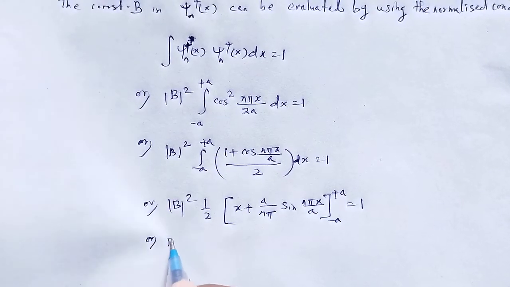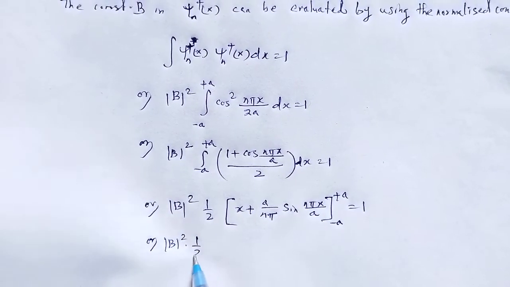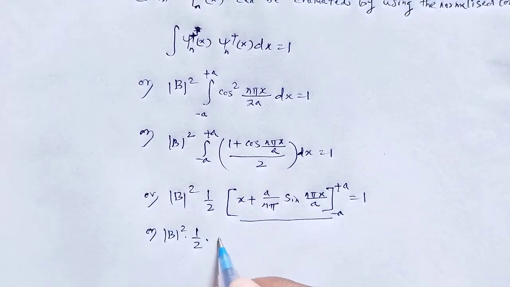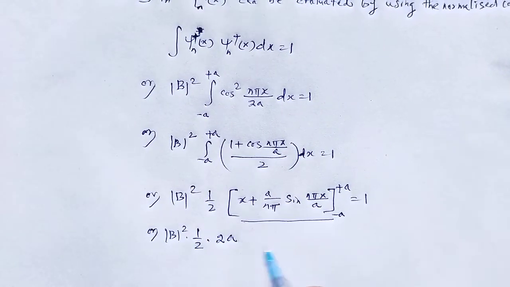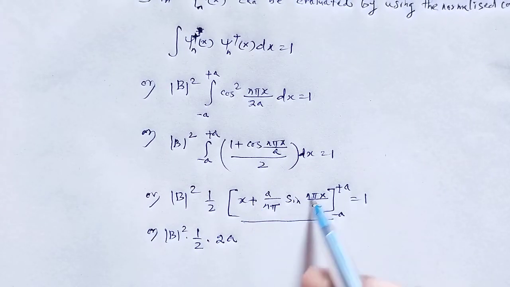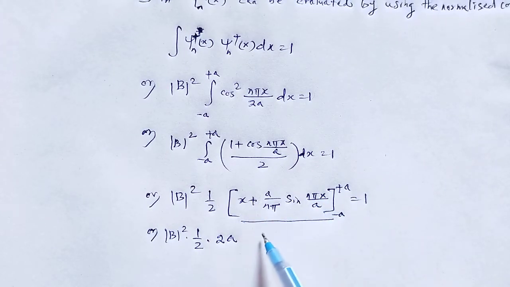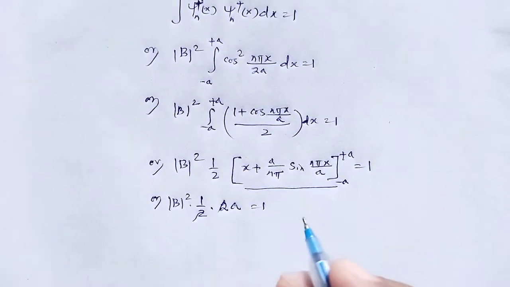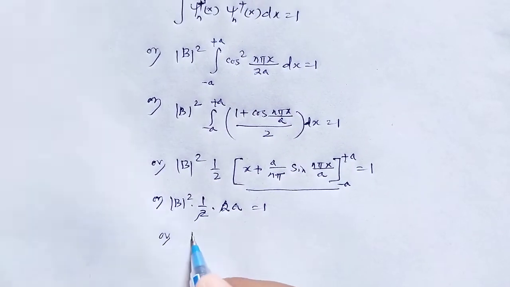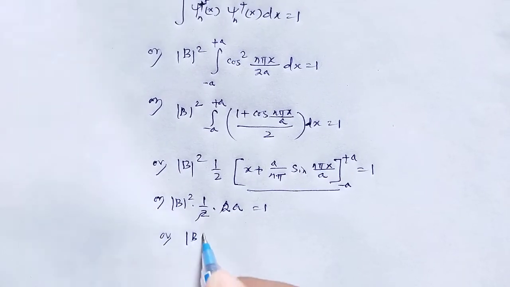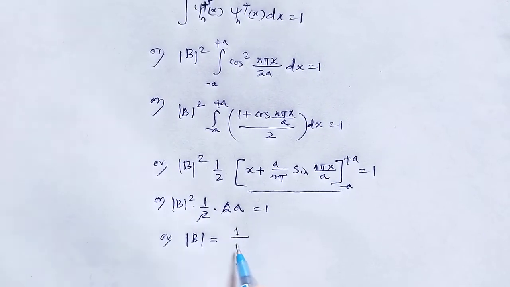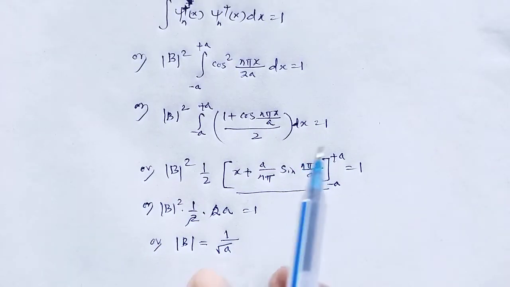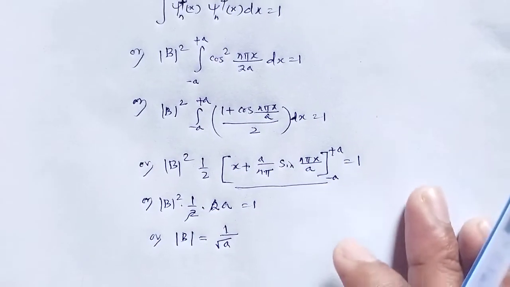Or magnitude of b square times half, that value will be 2a plus the sine term, which will be 0 when we implement the limits, minus of minus a, that is a plus a, that is 2a, is equal to 1. The 2 cancels out, so magnitude of b is 1 by under root of a. Therefore the constant b is evaluated as 1 by root a.